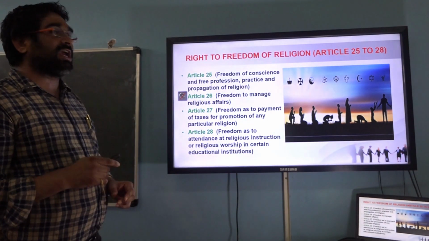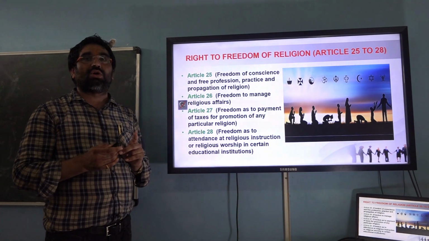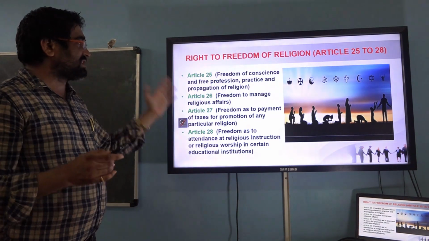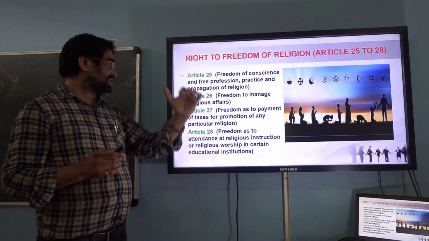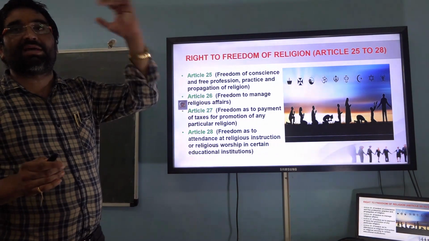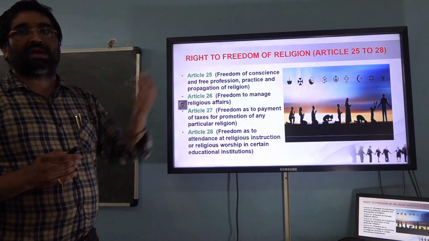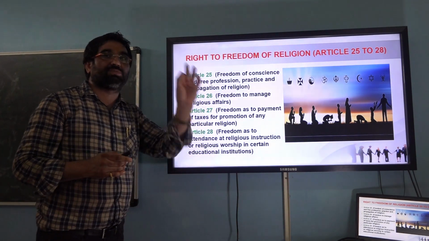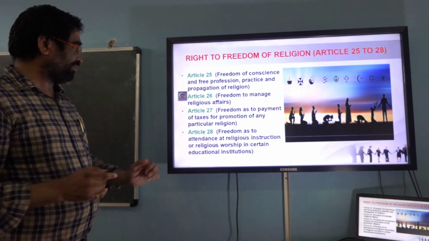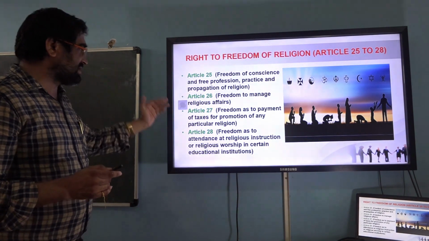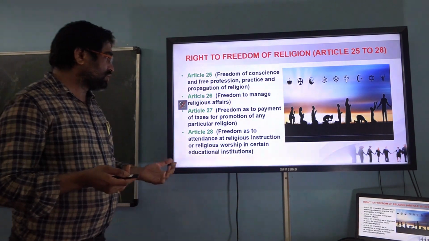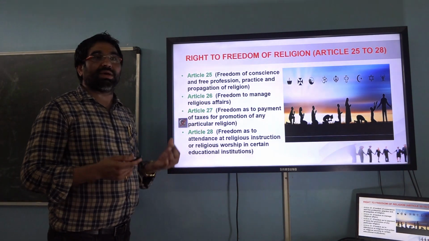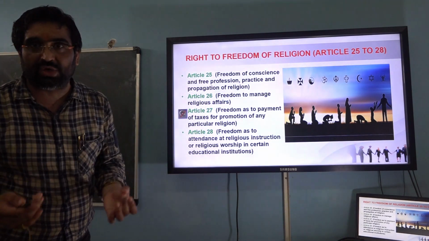Next, Article 26 says whatever religion we follow, we have the right to manage its practice. Then Article 27 says for the promotion of our religion, we can donate some money, and that money will be tax free under the income tax law. Then Article 28 says we have the right regarding worship in institutions related to education.